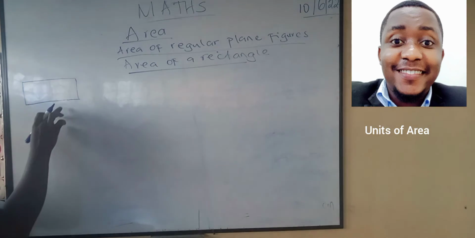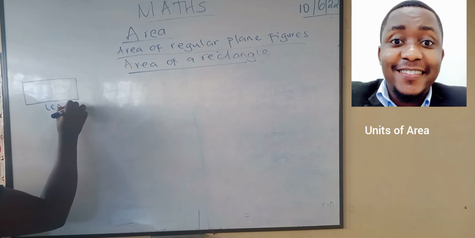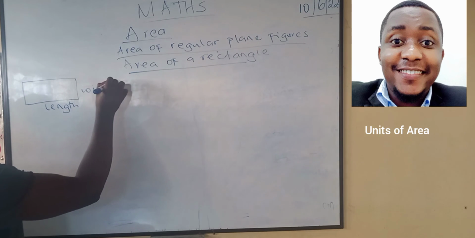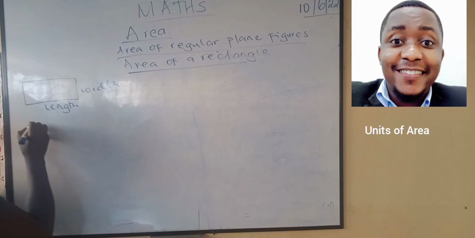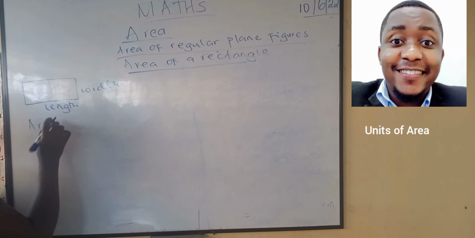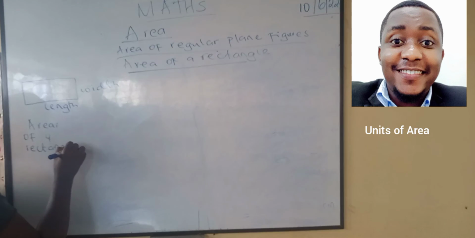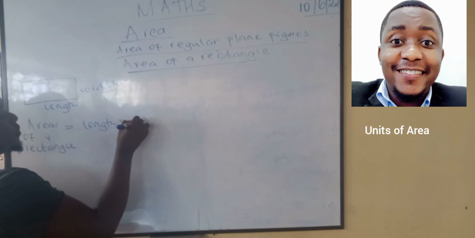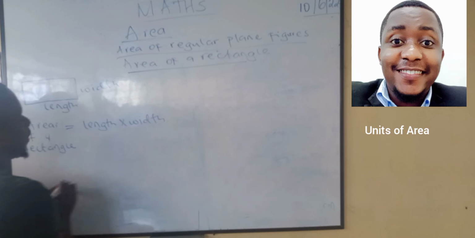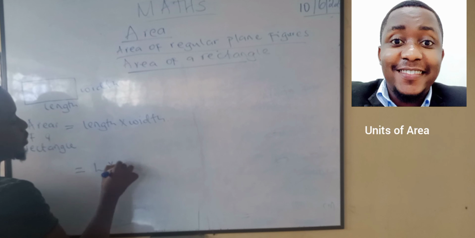Now a rectangle has two sides, that is the length and the width. So the area of a rectangle is equal to length times width, which can also be written as L times W in abbreviation.